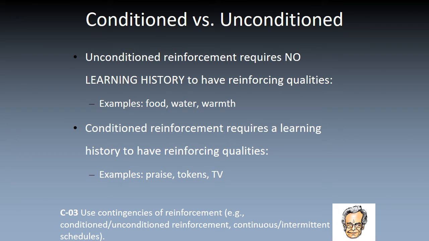So again, there's conditioned and unconditioned. Unconditioned reinforcement requires no learning history to have reinforcing qualities. Food, water, warmth, sexual behavior. Conditioned reinforcement requires a learning history to have reinforcing qualities. Praise, tokens, to turn the TV on, money, so forth, so forth.